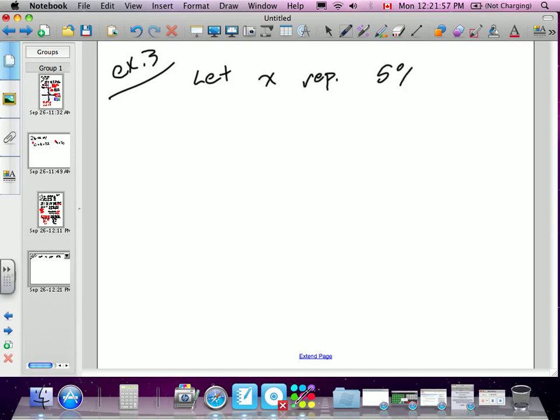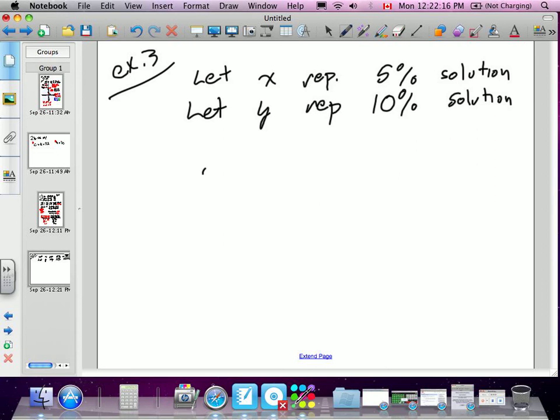Let y represent the 10% solution. So I know that all of the 5% solution in milliliters plus all of the 10% solution in milliliters is going to equal 250 milliliters.